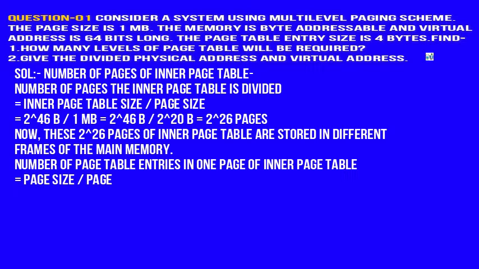Number of bits required to search an entry in one page of the inner page table: one page contains 2 to the power 18 entries. Thus, the number of bits required to search a particular entry in one page of the inner page table is 18 bits.